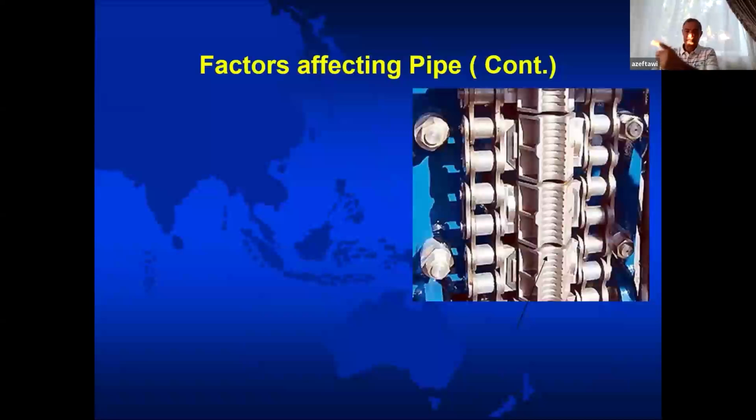Still with factors affecting the pipe. Some of you might say, Ahmed, why are you telling us all these while we don't have to know about it? Because now the technology gave us software.